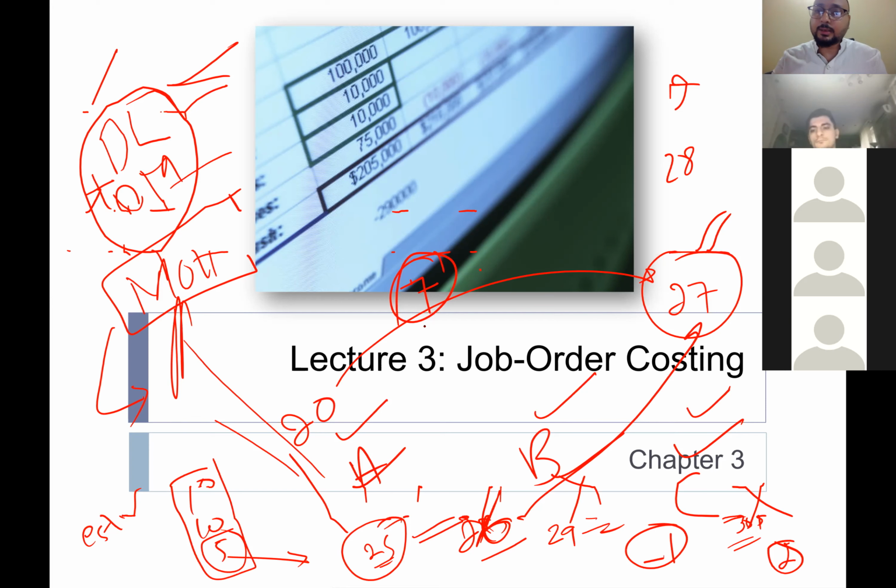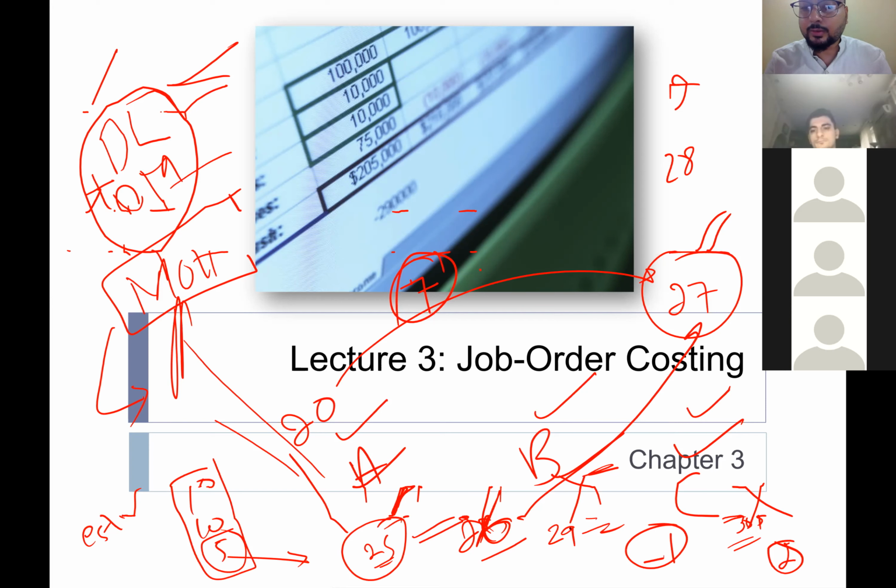So as an accountant, it's your job to find out the true value, to give the base, okay, this 25, whether this is justifiable or not. Or what if, for example, B's accountant wrongly calculated 29? Their factory manager or cost accountant made a mistake.